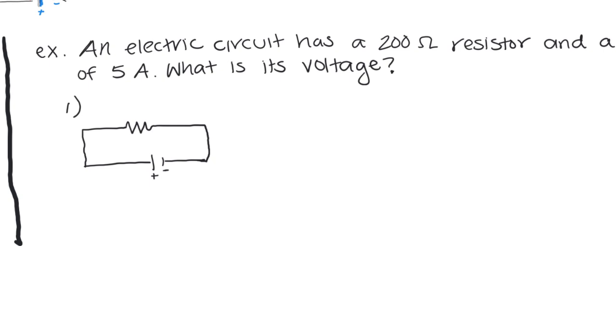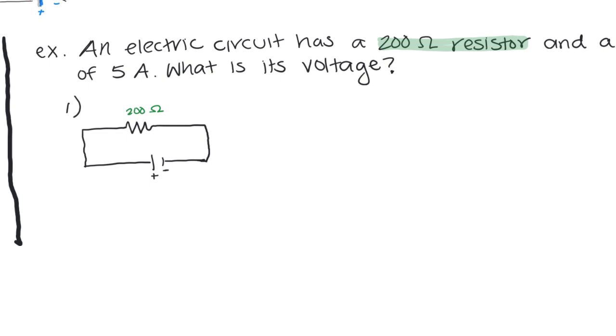Okay, so we see that it has a 200 ohm resistor. Here's our resistor on the circuit. Remember, it's that zigzag line. Those are all of our resistors. So I'm going to write that this is 200 ohms here, 200 ohms of resistance.